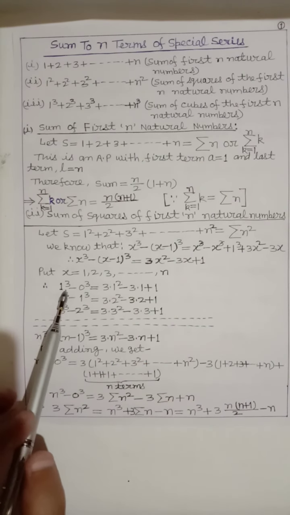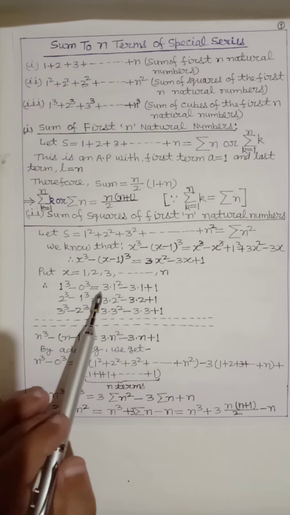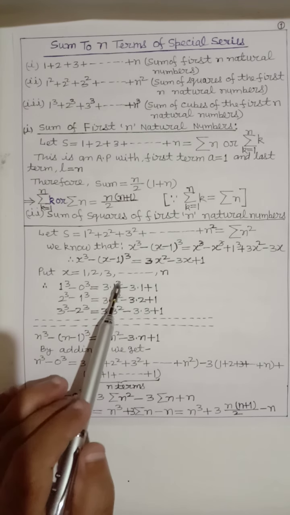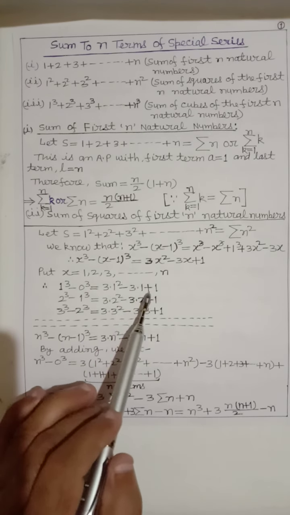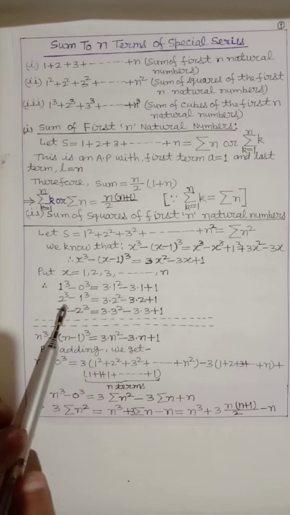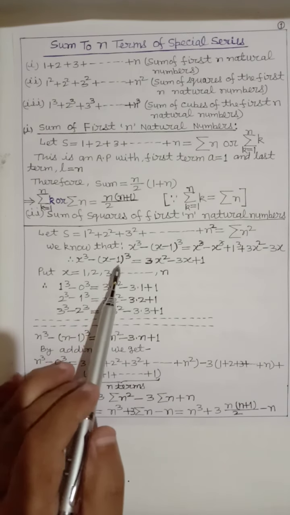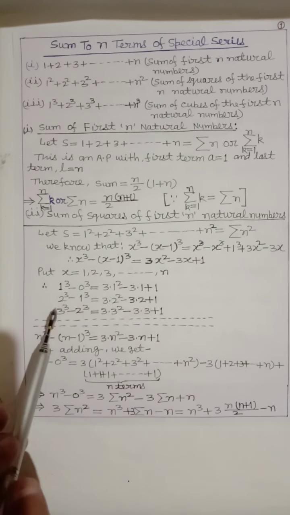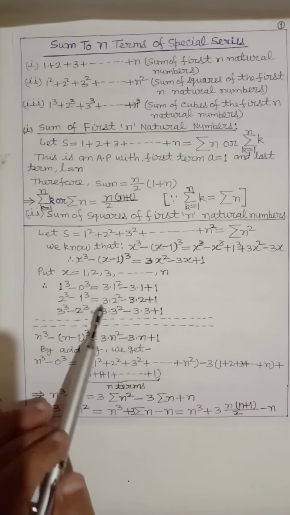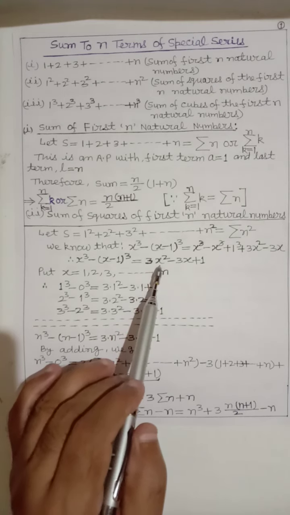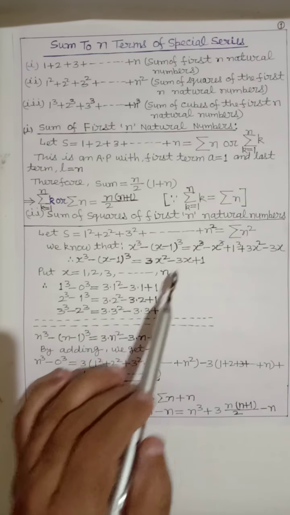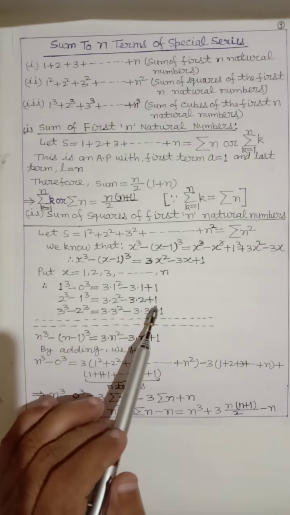We get 1 cube minus 0 cube equal to 3 into 1 square minus 3 into 1 plus 1. When x is equal to 2, 2 cube minus 2 minus 1 whole cube, we get 2 cube minus 1 cube, this is equal to 3 into 2 square minus 3 into 2 plus 1.